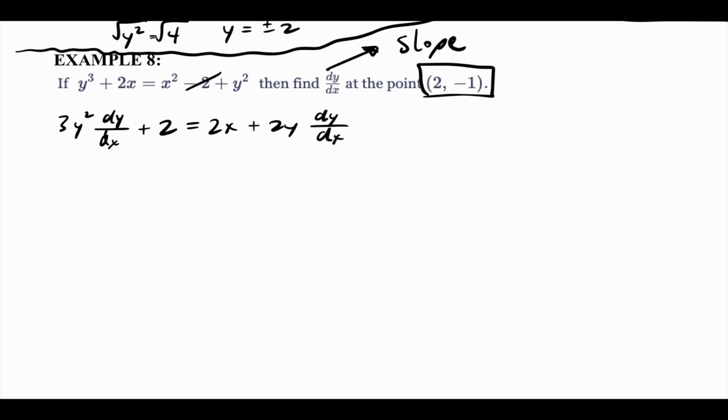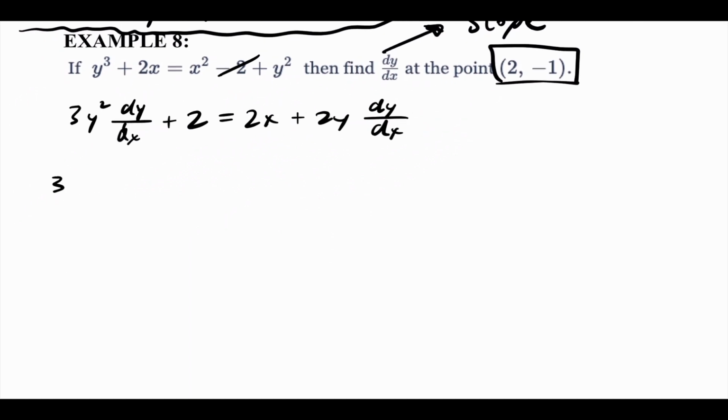Isolating is probably the hardest part, the part that takes the longest, right? Let's do that last. When you're plugging in a point, you can do that before you isolate. So I'm going to plug in the point now. I'm going to plug in 2 everywhere I see an x, and a negative 1 everywhere I see a y. I'm going to isolate, but I'm going to save that for last.